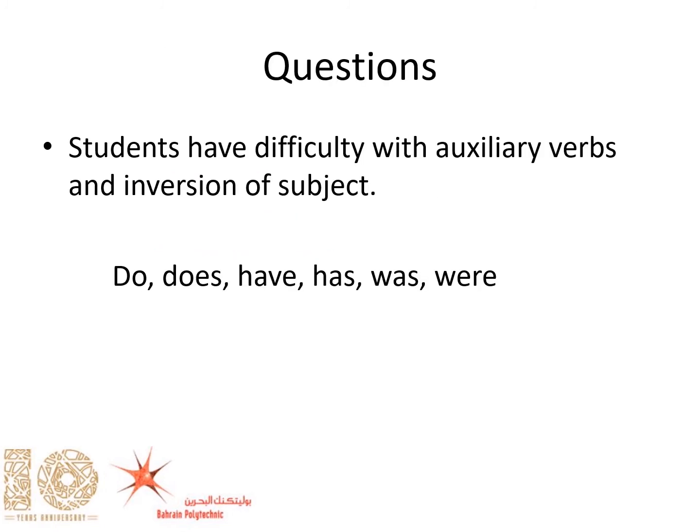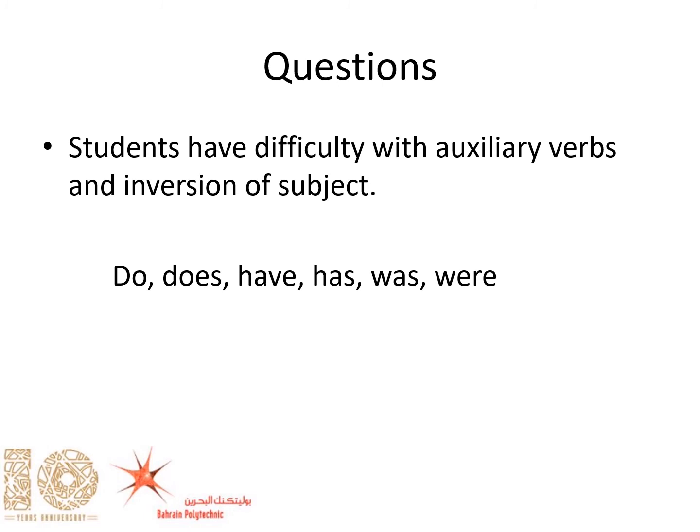The questions in the Arabic language are also, or have also, some differences. So students have difficulty with using the question forms that require the use of auxiliary verbs, because we don't have auxiliary verbs in Arabic. So for do, does, have, has, was, were, the Arabic has only one word that represents all of these, which is hell.